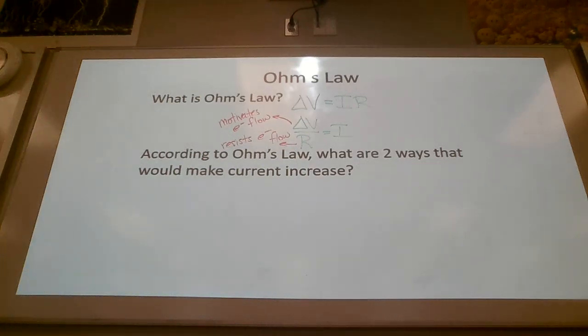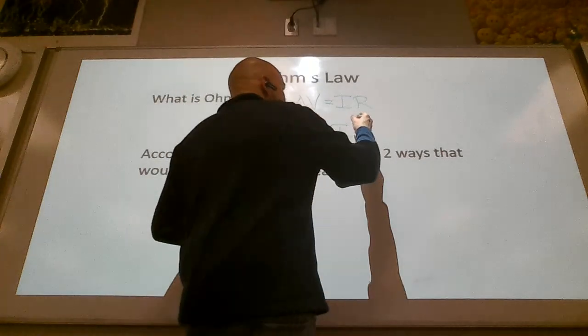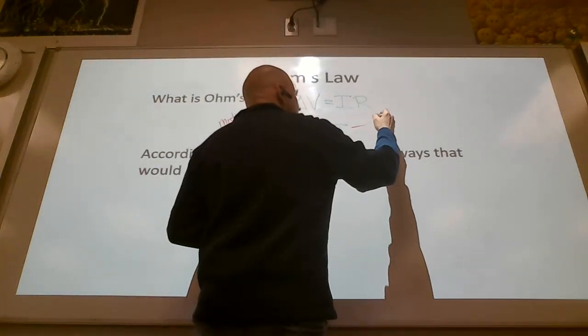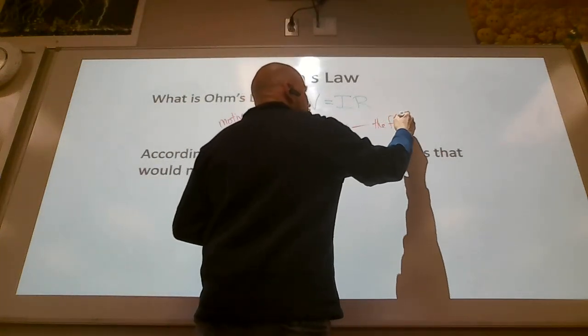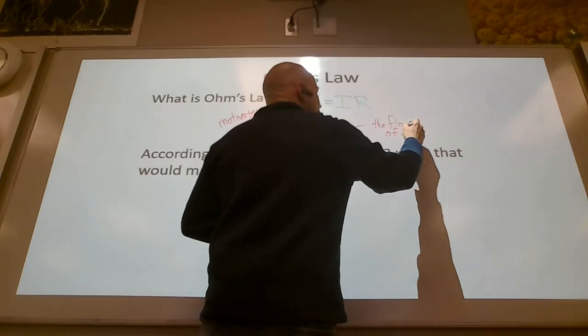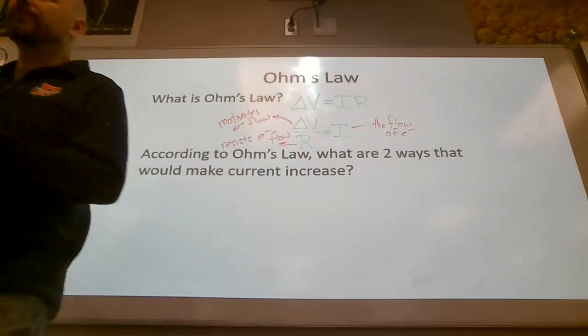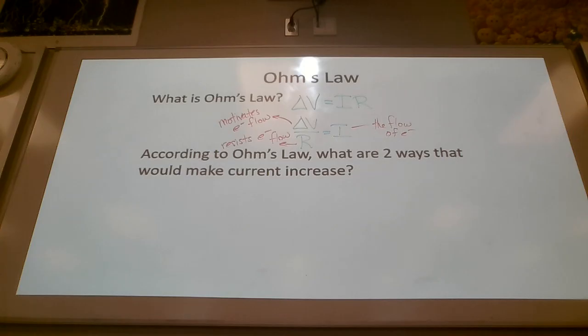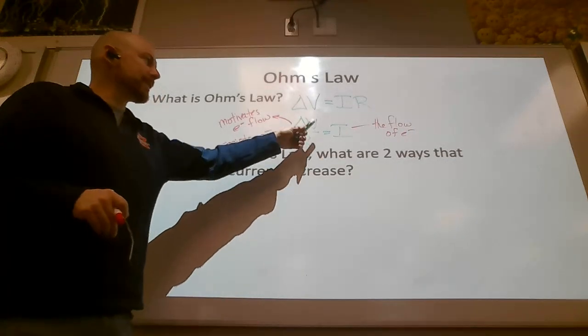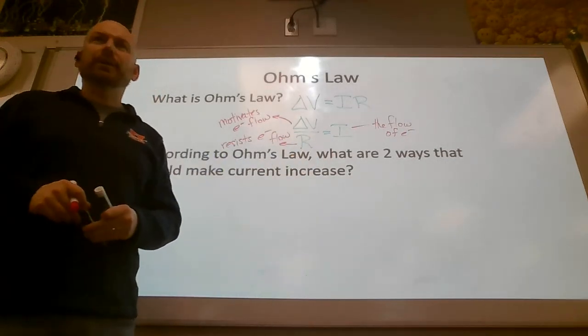Do you see the conflict of interests? Do you see the battle? The result of that battle is current, the flow of electrons. So voltage is like, come on, let's go. Resistance is like, whoa. And that ratio, voltage to resistance, determines how much current there is.